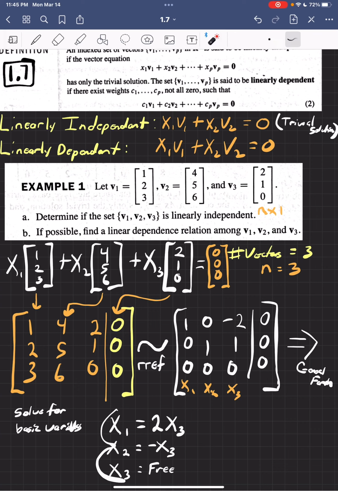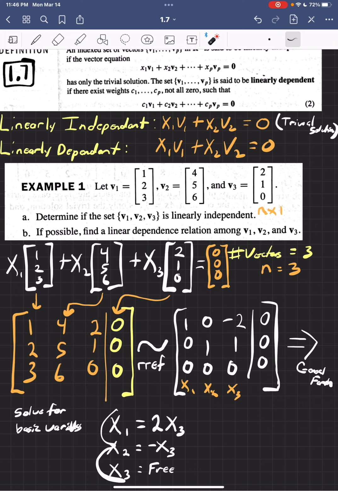If you recall, in section 1.5, when we were discussing homogeneous equations, we came to the conclusion that if you have free variables, then you have non-trivial solutions.